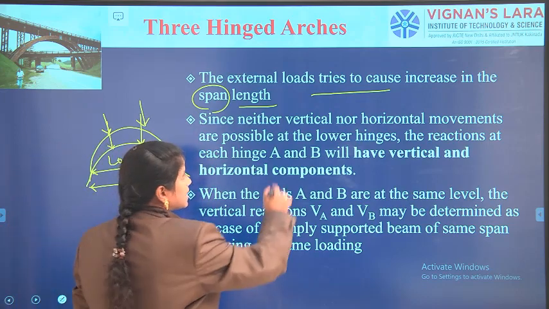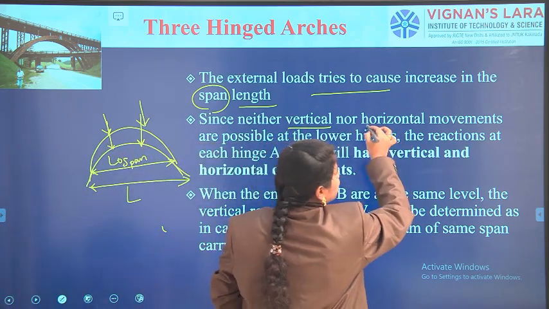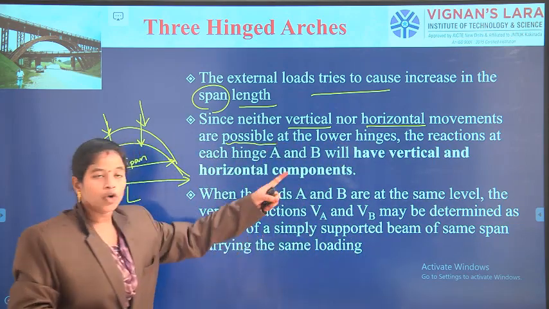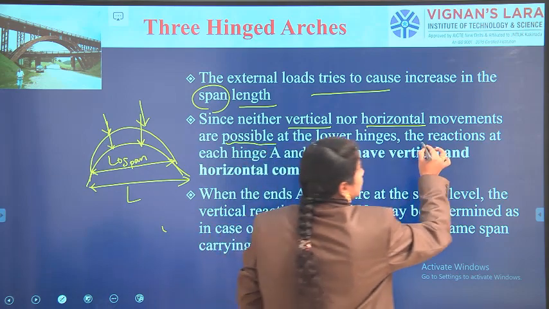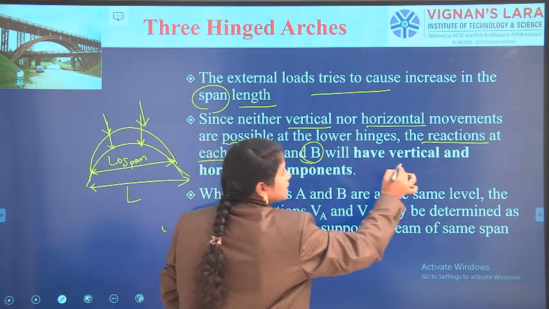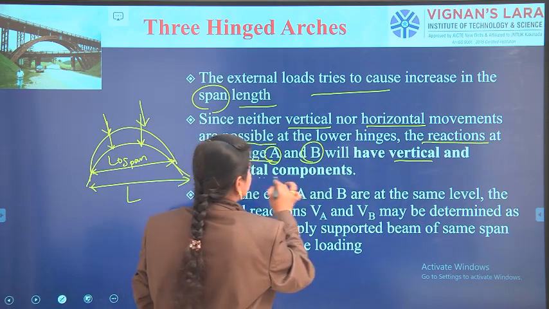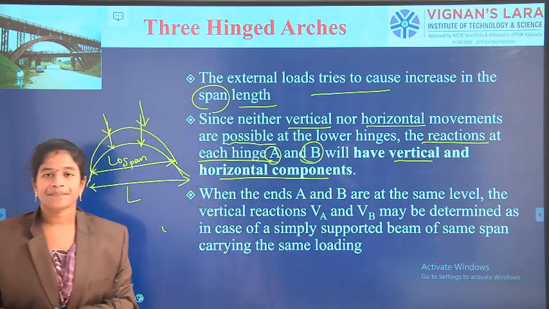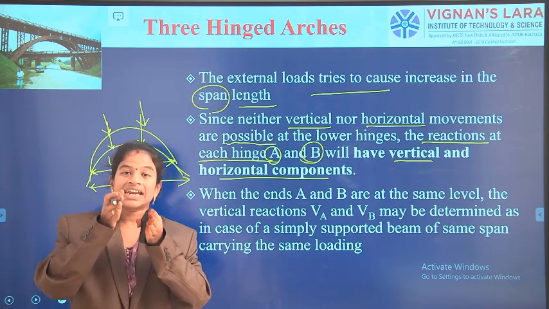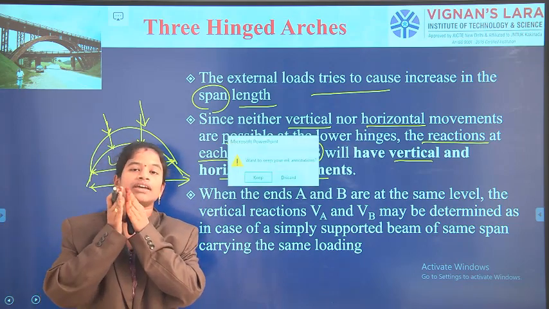So since neither the vertical nor the horizontal movements are possible at the lower hinges, the reactions at each hinge, A and B, will have vertical and horizontal components. Just now we said how many directions we are resisting or not allowing.